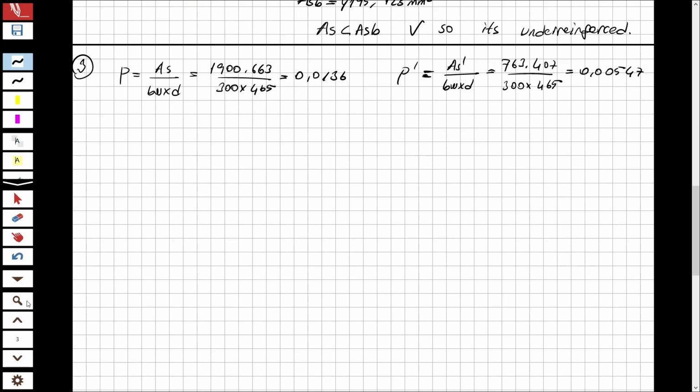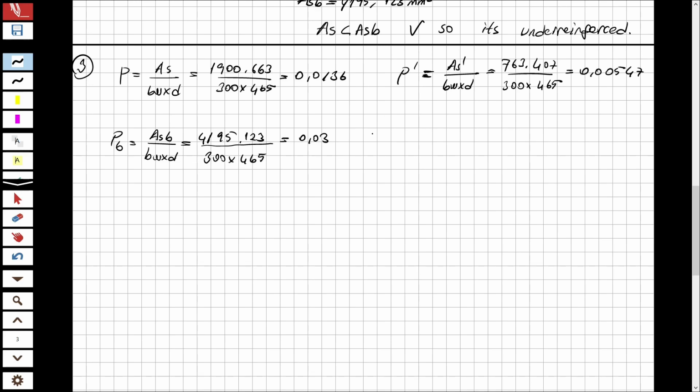So let's find the balanced steel ratio. It's going to be rho B. So I'm going to write ASB over BW multiplied with D. It's 4195.123, sorry, over 300 multiplied with 465, and it's going to be 0.03.